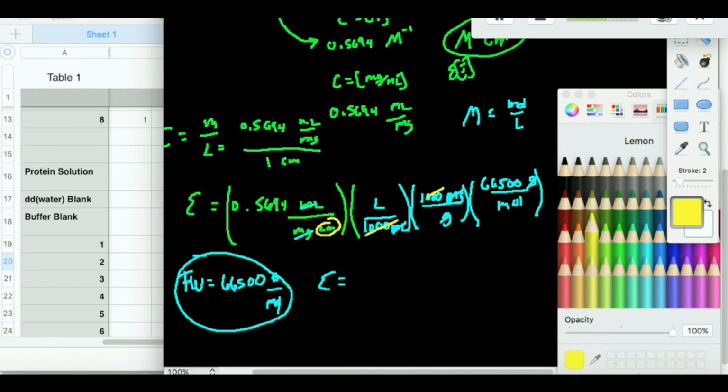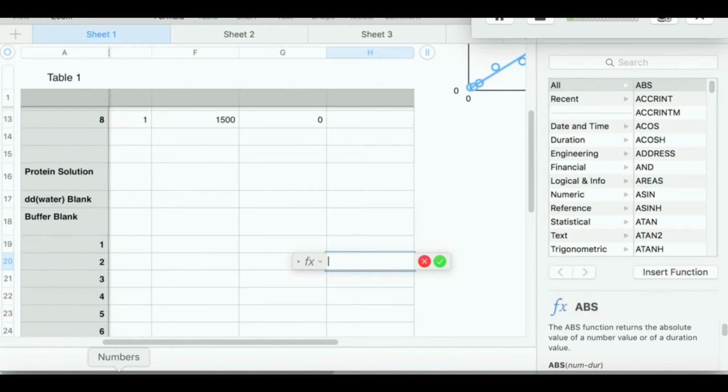All you do is say this is going to be 0.5694 times 66,500. To do times, you put this little asterisk, and then it puts a multiply in there for you.